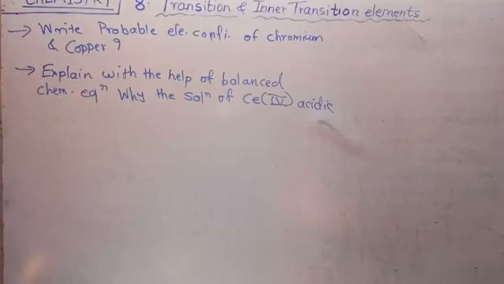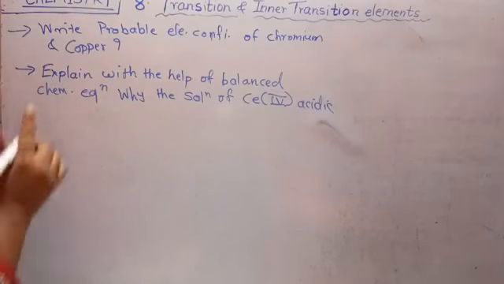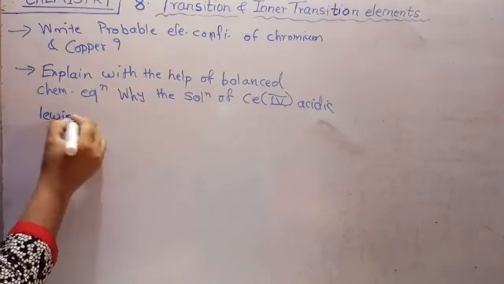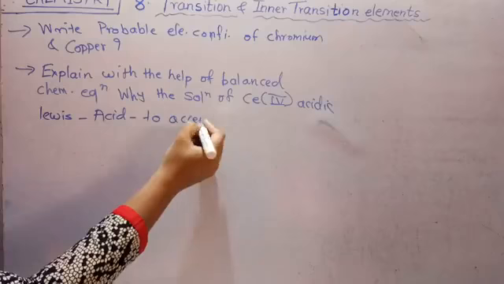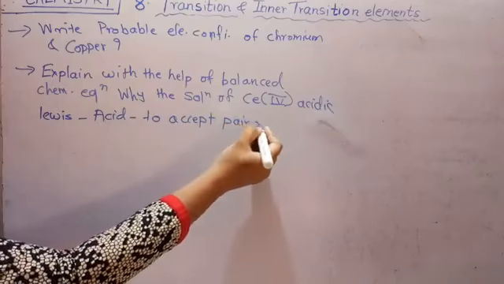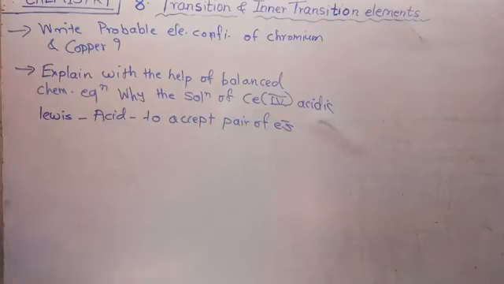First thing, acidic. According to Lewis theory, a substance that has a tendency to accept a pair of electrons is an acid. Then find out cerium 4.